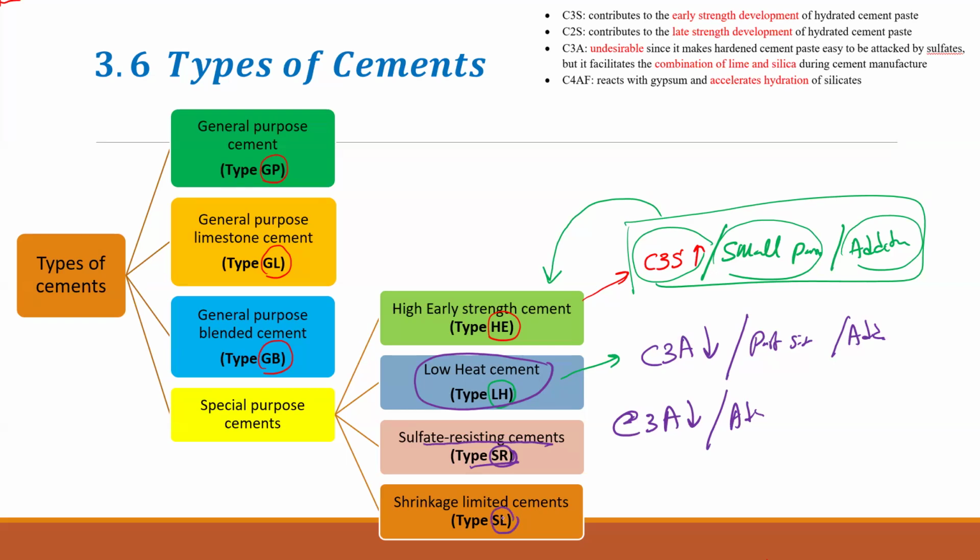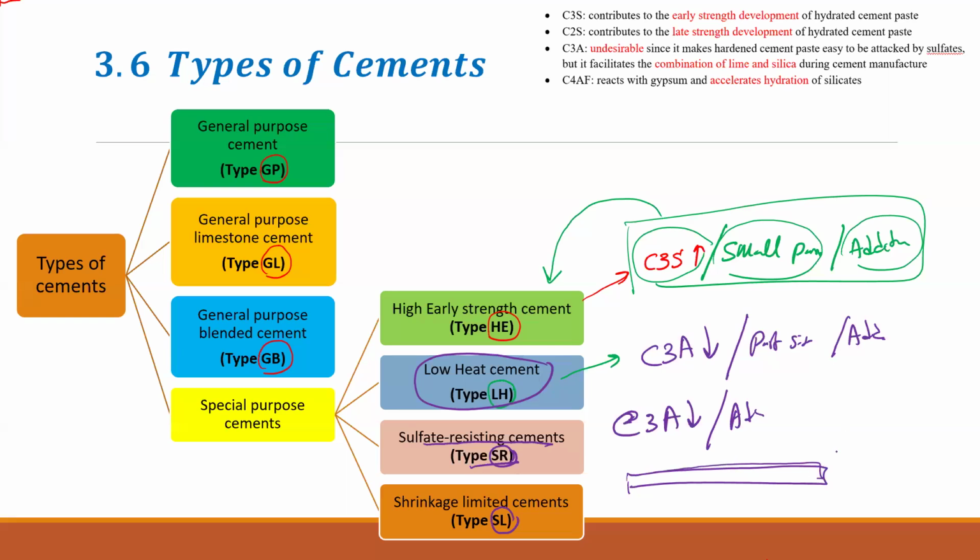So I told you, when concrete sets, it produces heat, and with time it will cool down and the concrete contracts. In some situations, we need to control this shrinking. For example, if you are building a bridge, you have to control the shrinking because it's a long path.